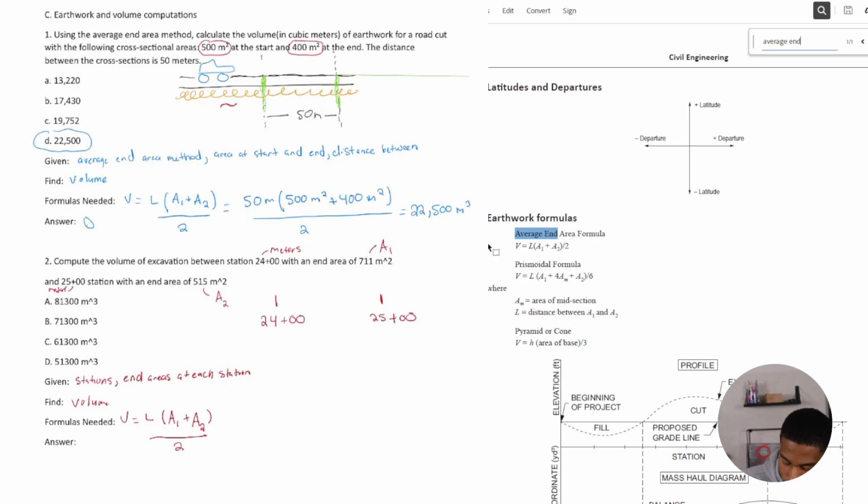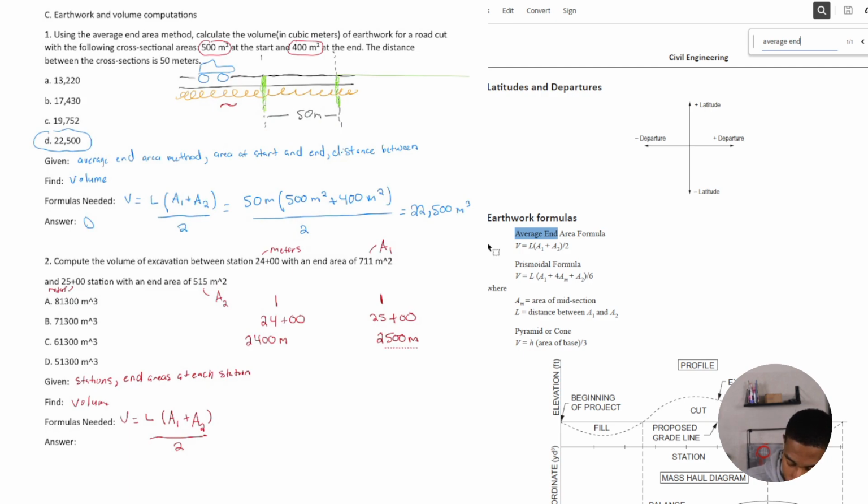So what does that mean? It just means 2,400 meters and 2,500 meters. That's the distance.